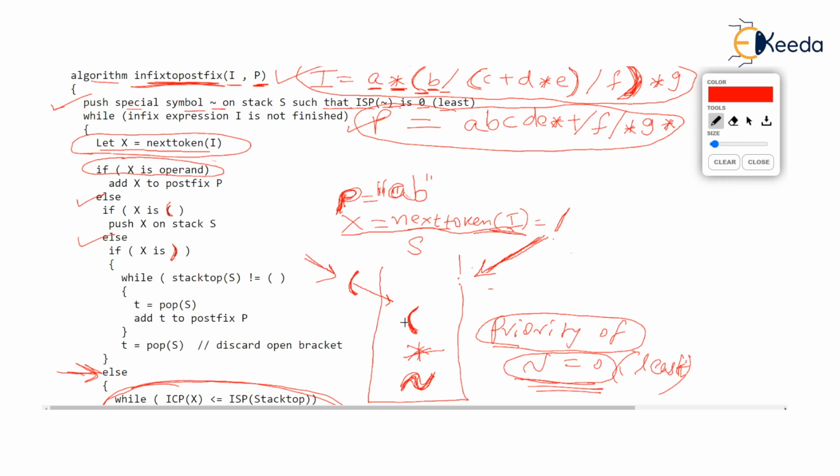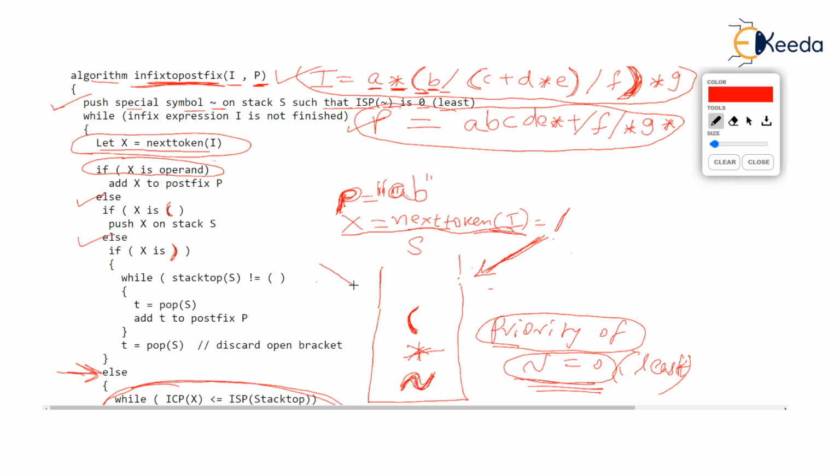So in one sentence, I can tell you, open bracket can go on top of anyone, and anyone can go on top of open bracket. Oh wow, what a sentence. Open bracket can go on top of anyone because when it is coming in, it has highest priority.